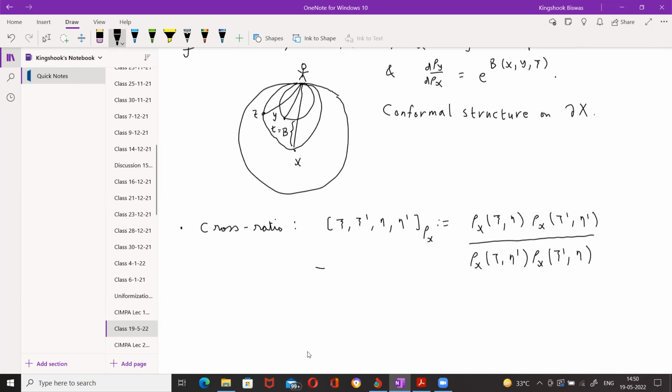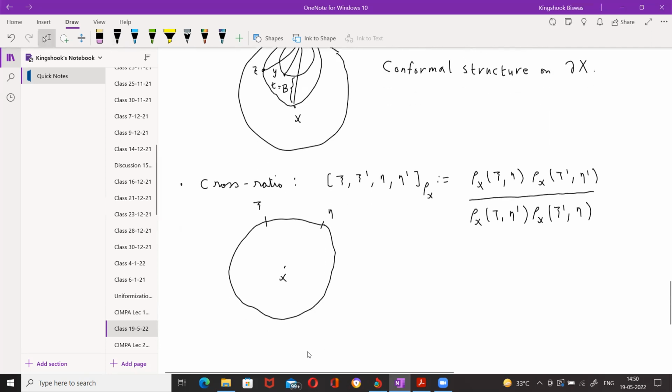But now the nice thing is the following. Let's look at this cross ratio. So here's my point x. I have 4 points, xi, eta, xi prime, eta prime.